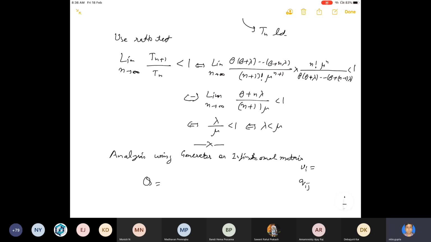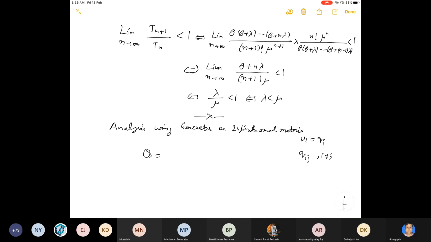So Qij is also there where i is not equal to j, but we may denote this as equal to minus Qi when i is equal to j, and Qij when i is not equal to j. Okay, so therefore this can be written as Q00, this is minus Q naught, this is basically minus V naught, Q01, and so on.